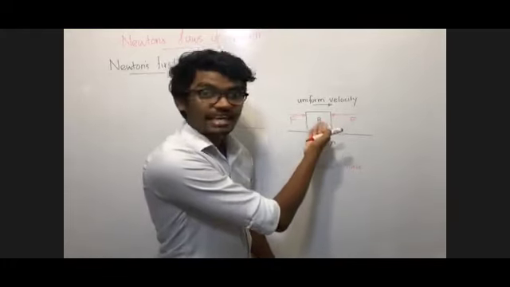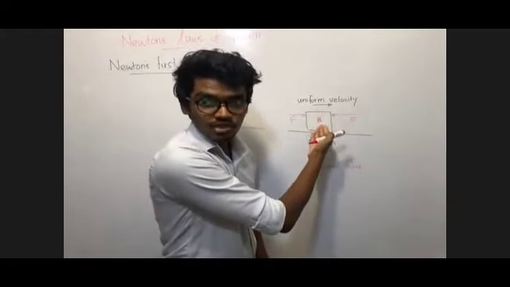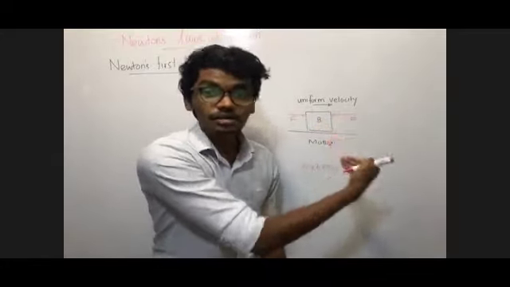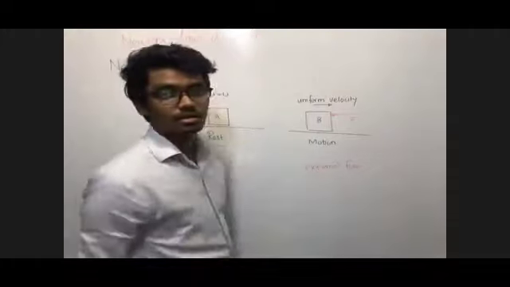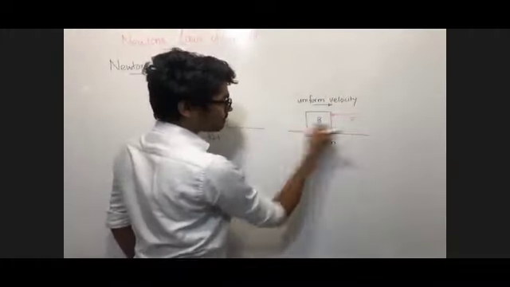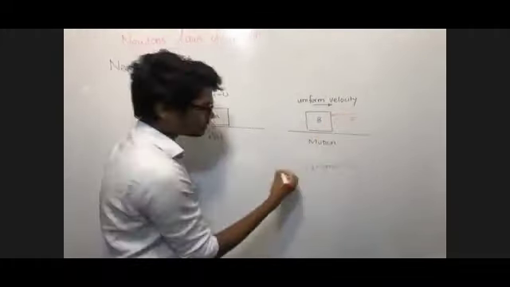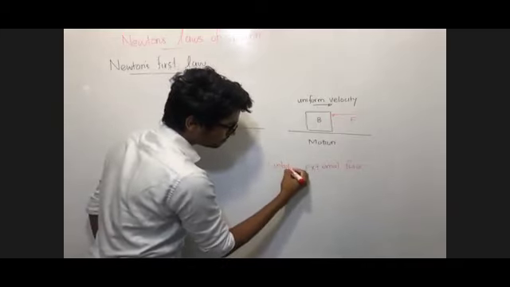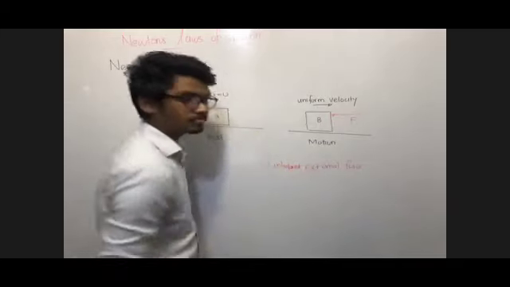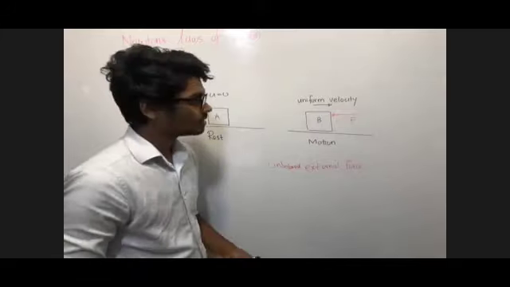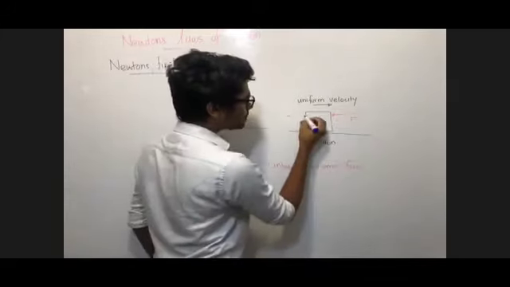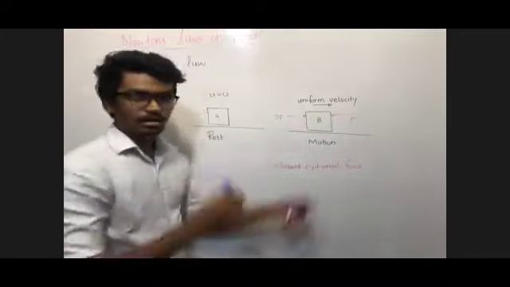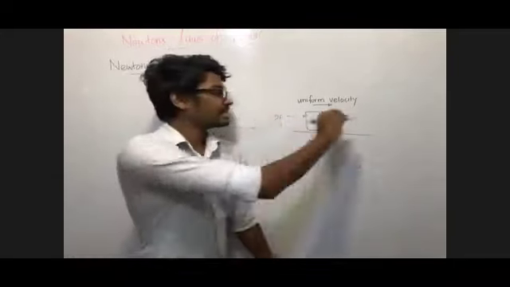If you need to change the state of its motion, you have to give an unbalanced force. Unbalanced force. Right. Okay. What if you give 2F in this direction? Now it's unbalanced once again in that direction.